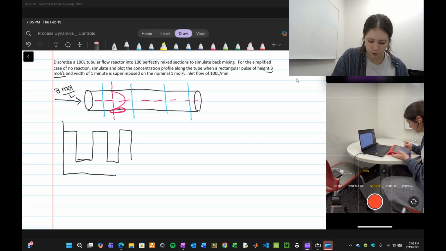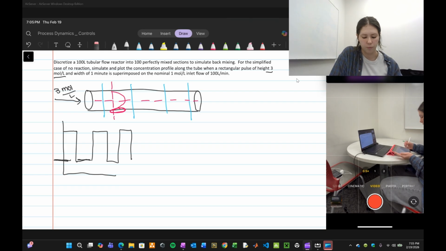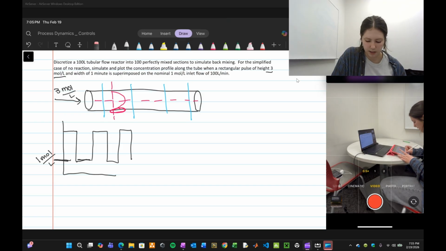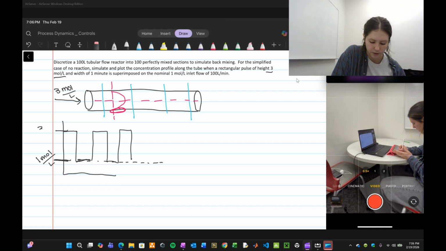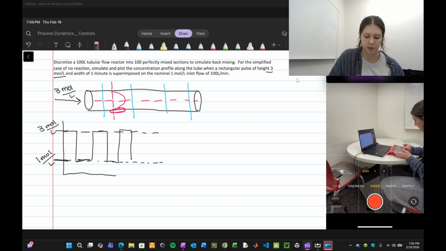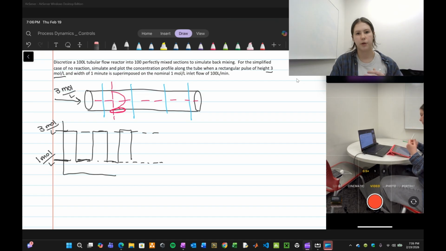We have our nominal inlet flow here of 1 mole per liter, and that's going to be the state that the concentration keeps returning to. And then we have this pulse that we inserted right here, this 3 moles per liter, which is also going to keep returning. But realistically we cannot make concentration immediately increase or decrease like this.